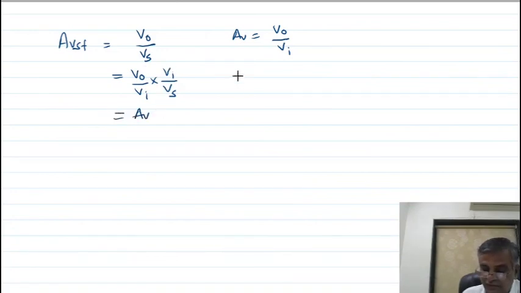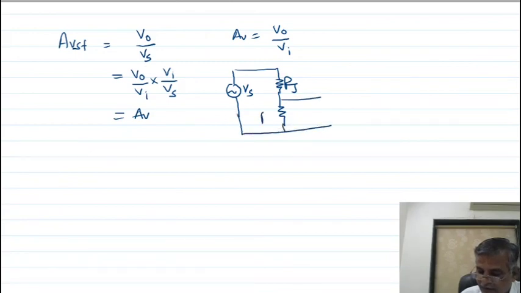What is Vi by Vs? See in your circuit, this is your Vs, this is your RS, this is your Rf, this is your Vi.